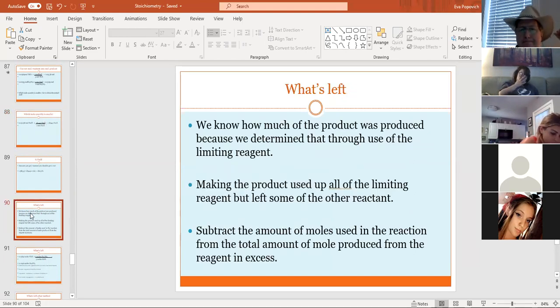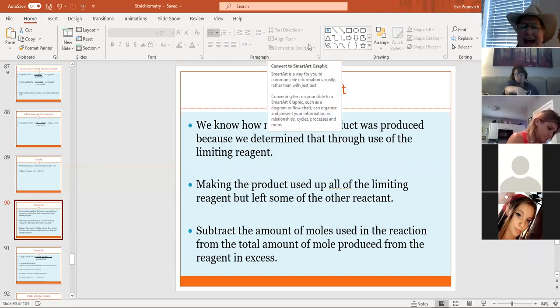Making 1.8 grams of sodium chloride used up all of the limiting reagent, but it left some of the other reactant. Correct? So all I got to do is subtract the amount of moles used in the reaction from the total amount of moles of the reagent in excess, and I will have the amount of excess reagent left.